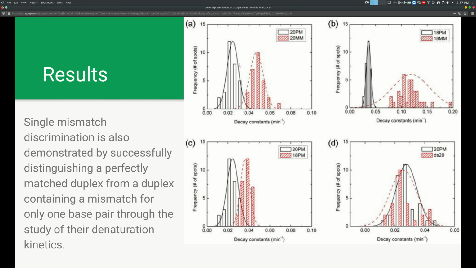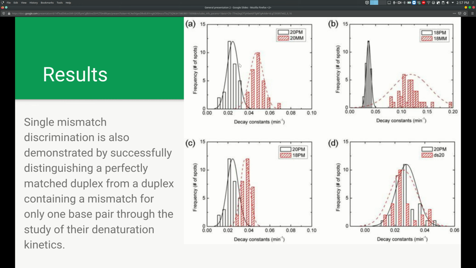Now, the result they kept showing in the work is single mismatch discrimination, and they successfully show the SNP mismatching. They show it by using a matched duplex and a duplex containing a mismatch for only one base pair, and I think it was a high percentage of mismatch.